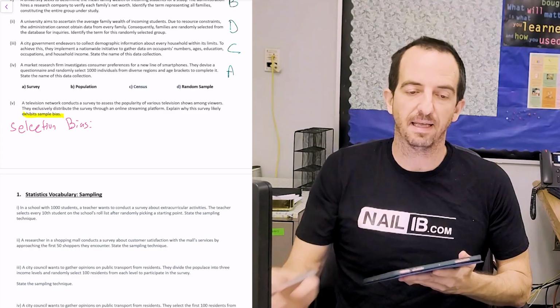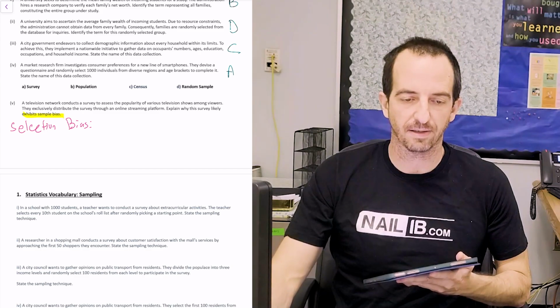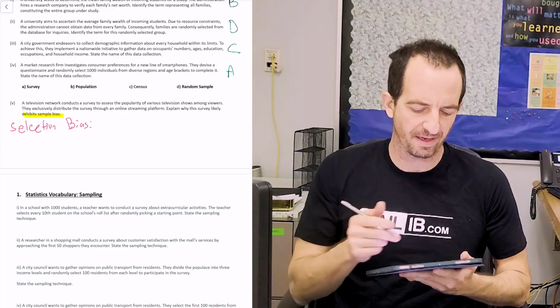The ones that are being selected for the study are going to be the ones that are using the internet. So that's not necessarily representative of the entire population.